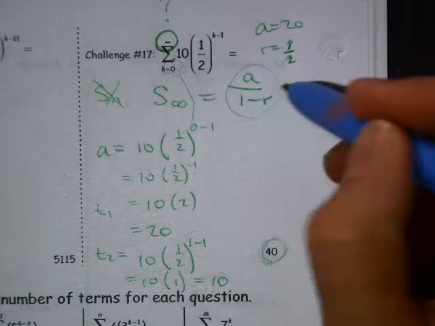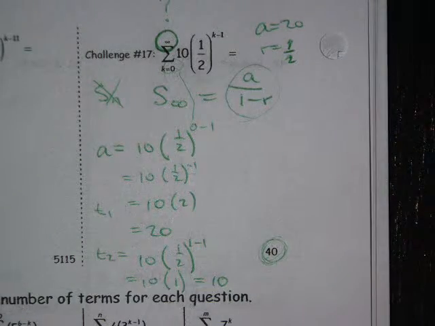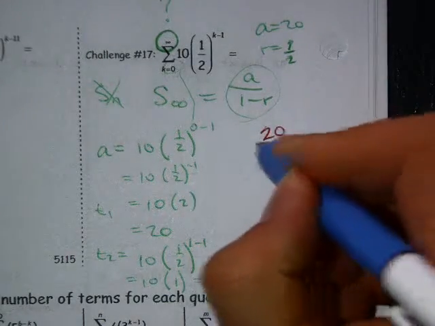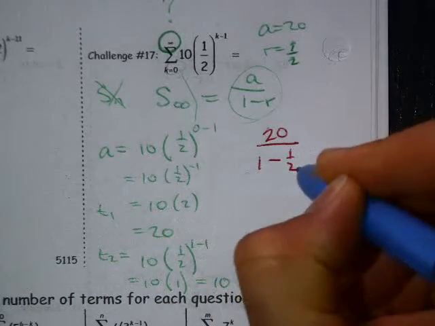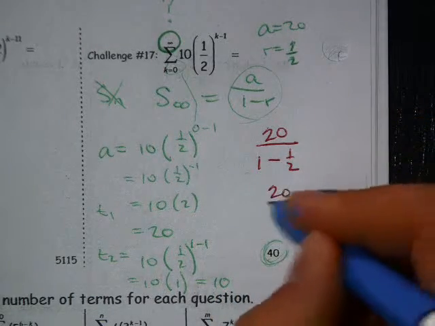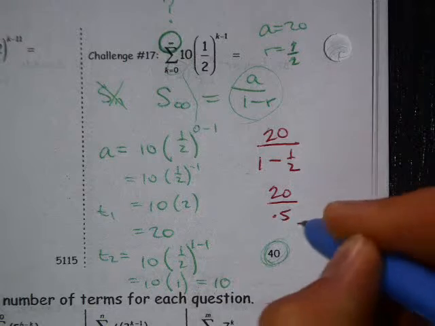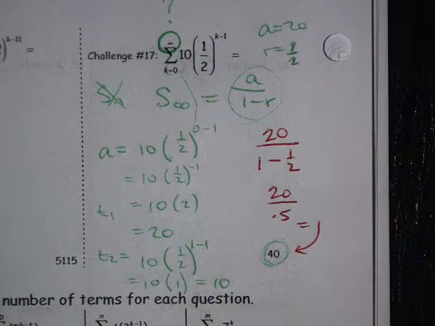So let's take that and do it here. So A, we've got 20, 1 minus 1/2, so it's 20 divided by 0.5, which is 40.